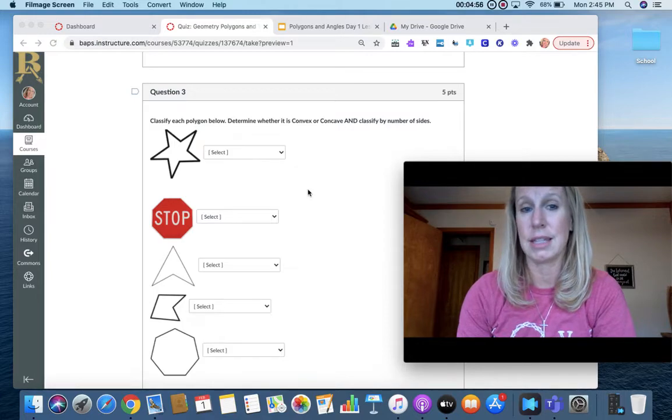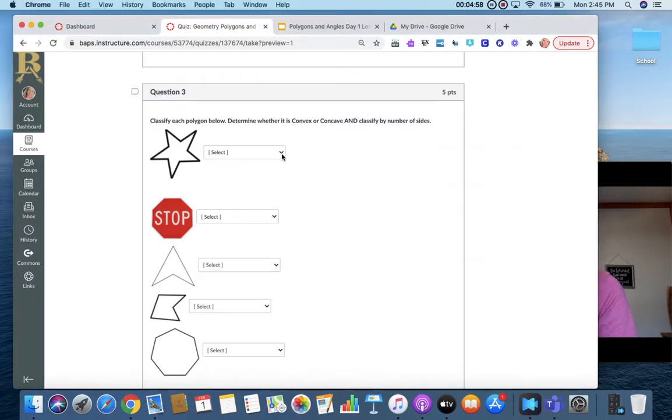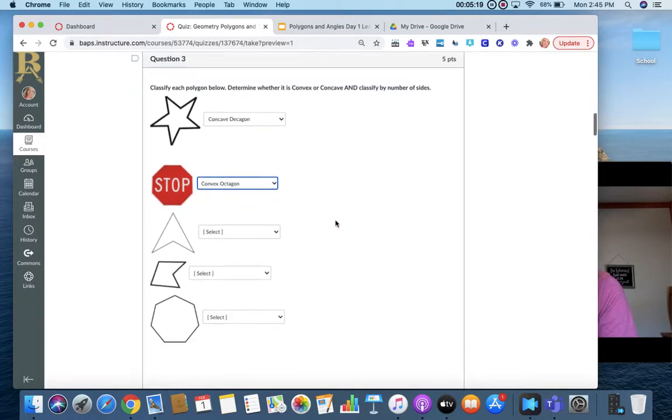So 10 sides is a decagon. So that would be a concave decagon. So the stop sign is convex. It does not cave in anywhere, so it's convex. It has 1, 2, 3, 4, 5, 6, 7, 8 sides. So it would be a convex octagon because octagons have 8 sides.